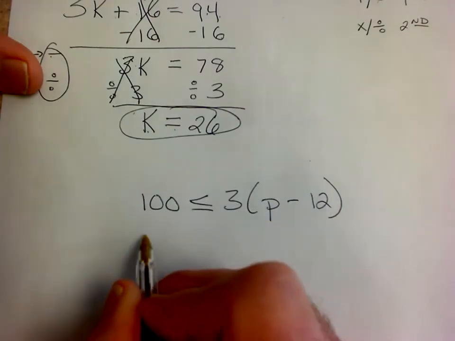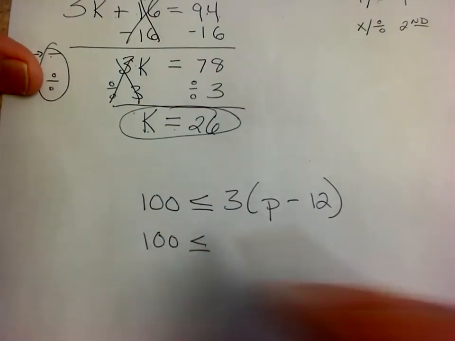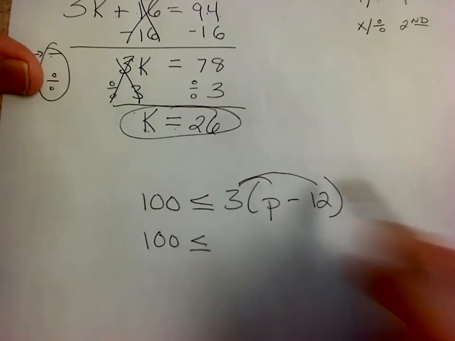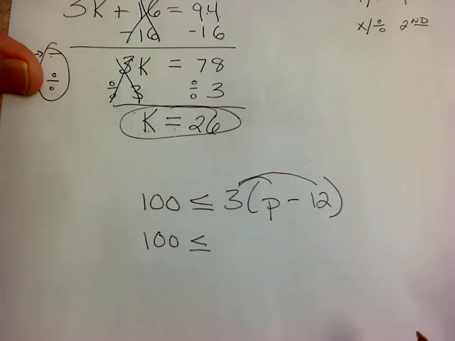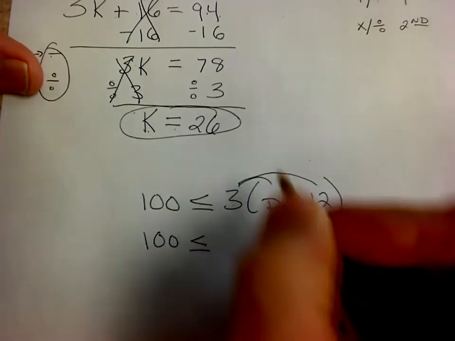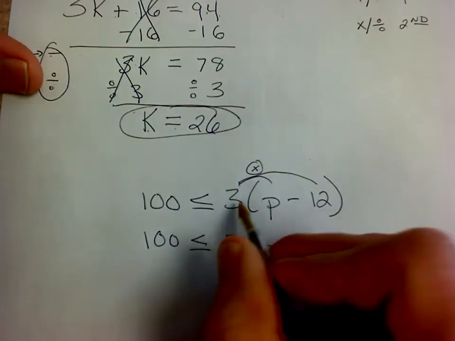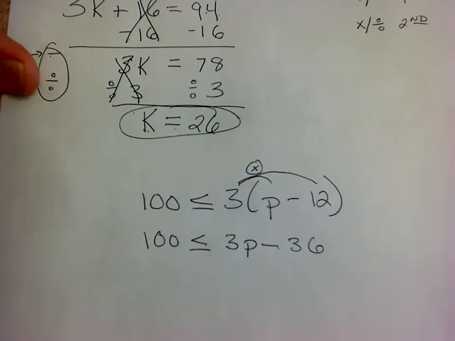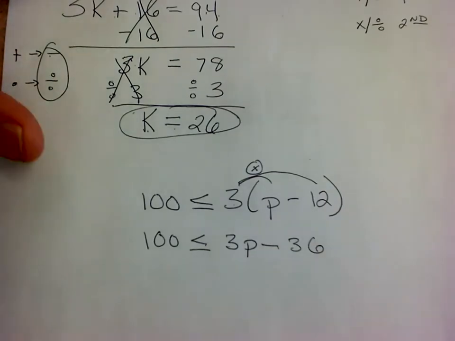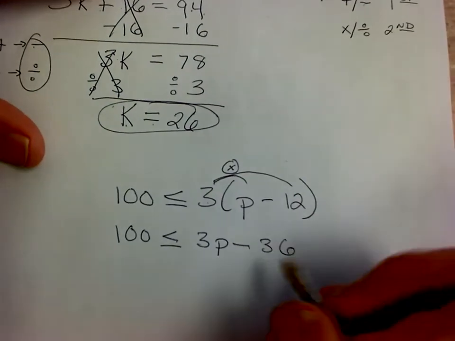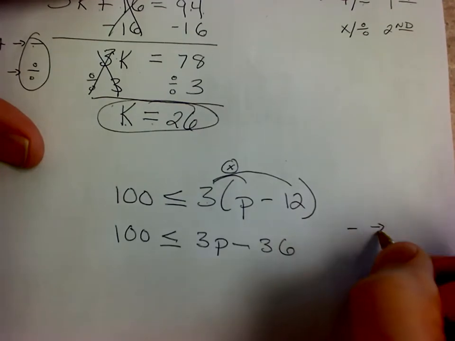We got some cleanup to do. So we want to use our distributive property to clean up, get rid of these parentheses. 3 times p is 3p. 3 times 12 leaves us with 36. And we have a minus sign.